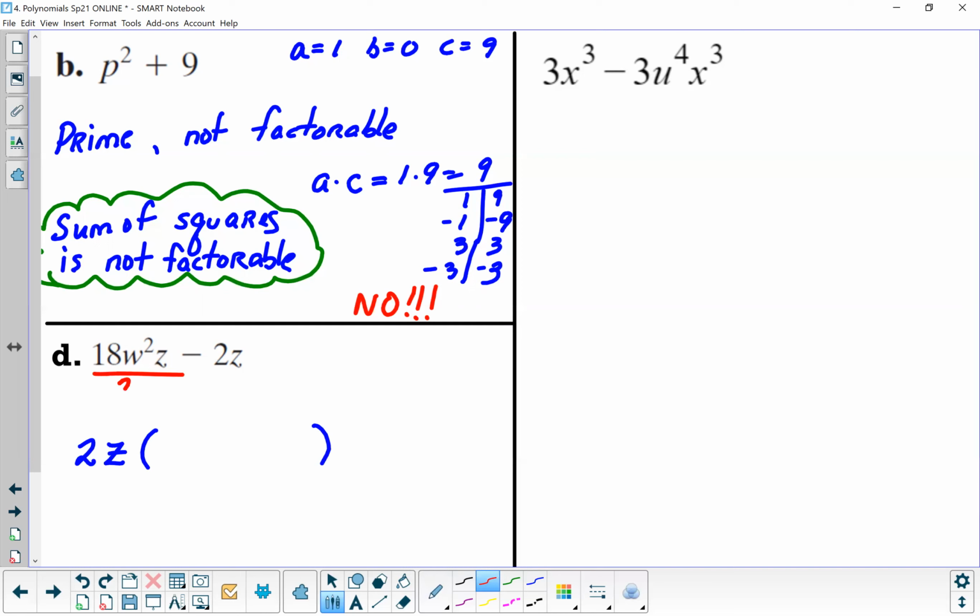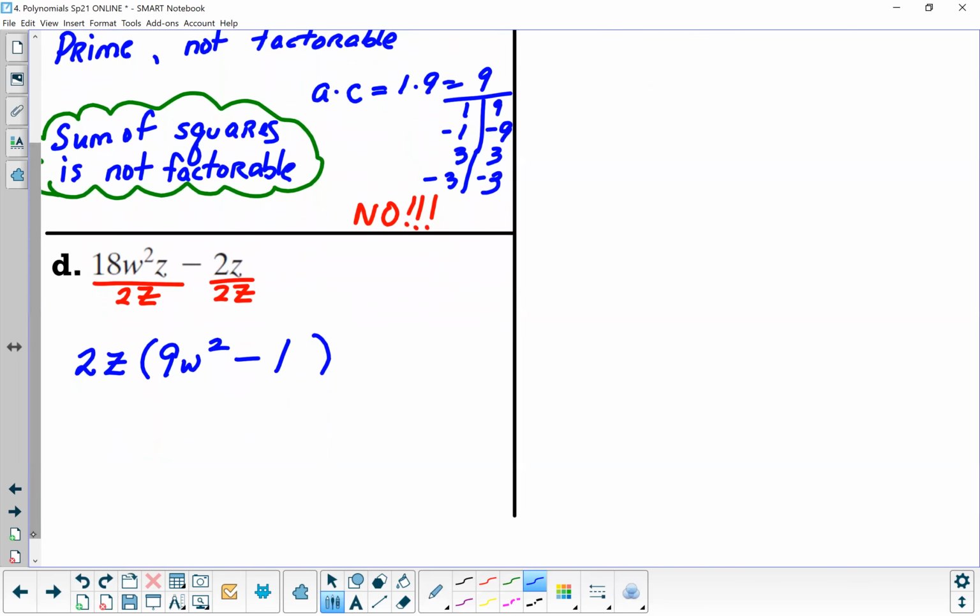So let's divide by 2z. Apologize for the horn. All right, so now we have 9w squared minus 1. All right, so 2z, our GCF, good. But can we factor further 9w squared minus 1? Well, this is a difference of squares now. Wonderful.